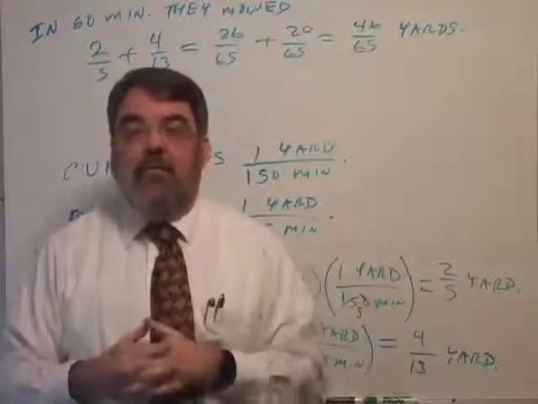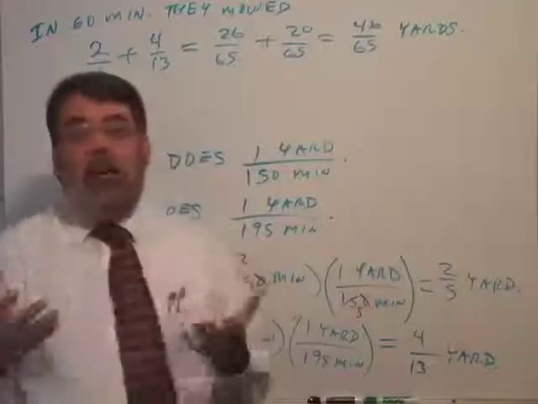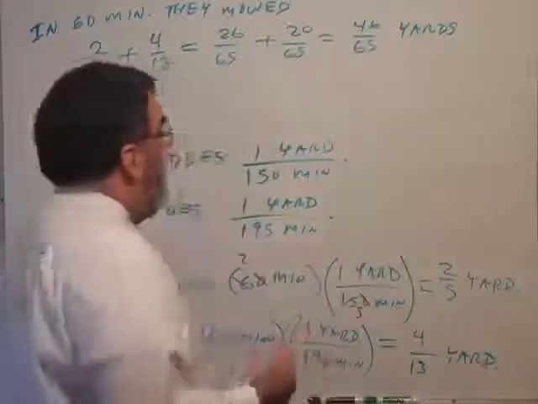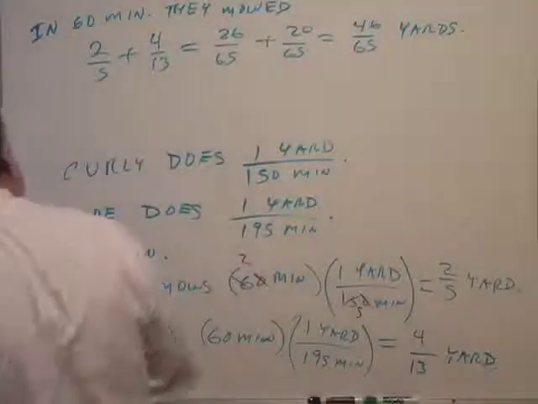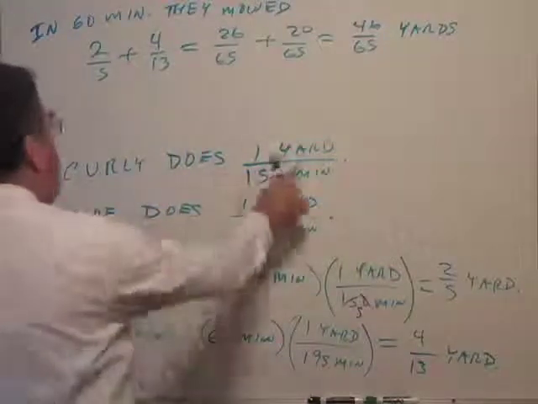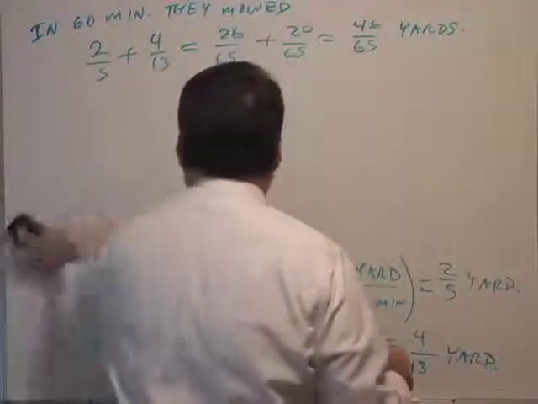Now what does Curly have to do? Curly has to mow the remaining part. How much yard is left? So remember how fast he mows. We're going to need that.